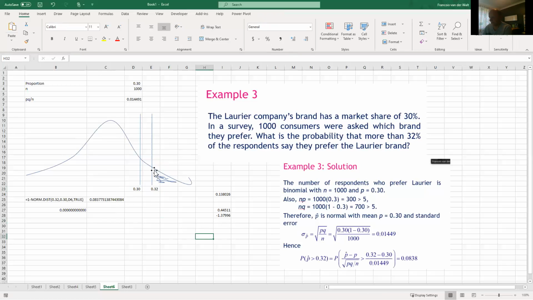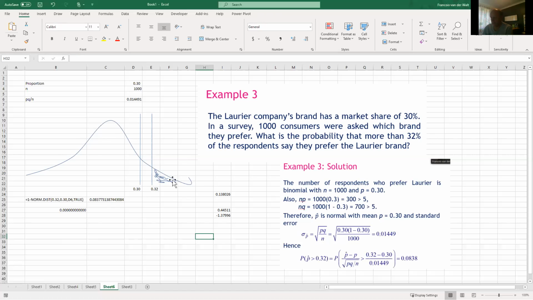Once you've got this, the problem becomes clear. So the Laurier company brand has a market share of 0.3, not 30%. In a survey, 1,000 customers were asked which brand they prefer. What is the probability that more than 0.32 of the respondents say they prefer the Laurier brand? So we're looking at this area here.